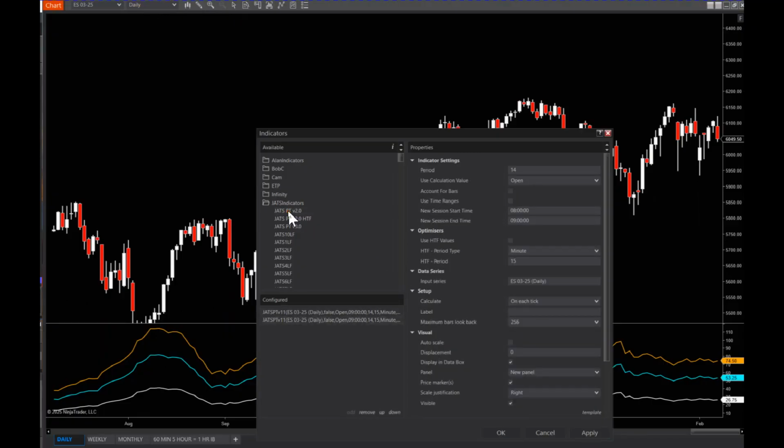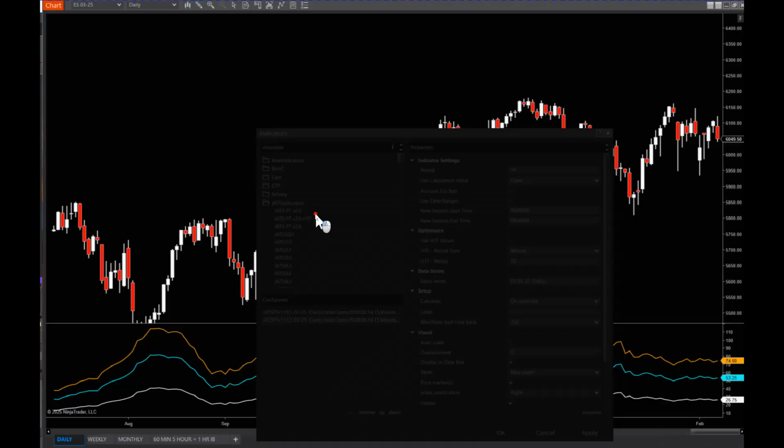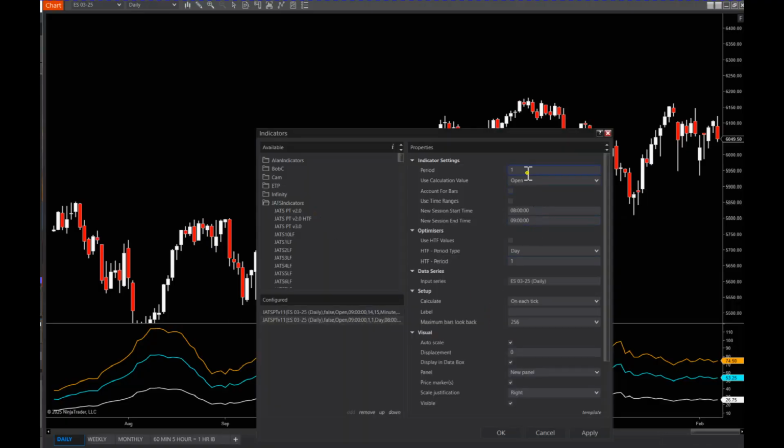So I'm going to add another instance, but I'm going to change it to just show the PT3 line in yellow and a one period daily.